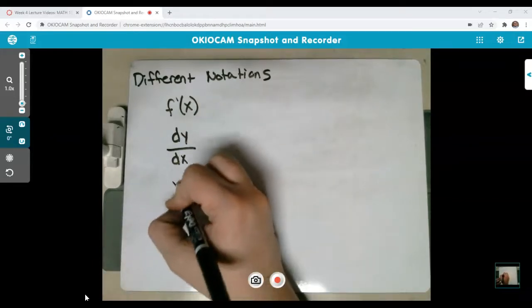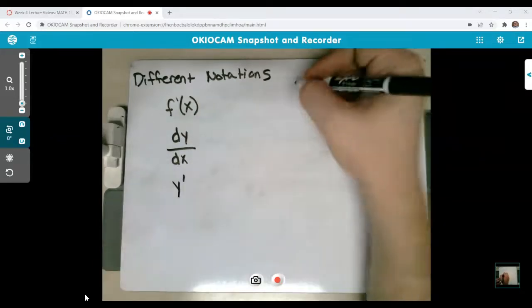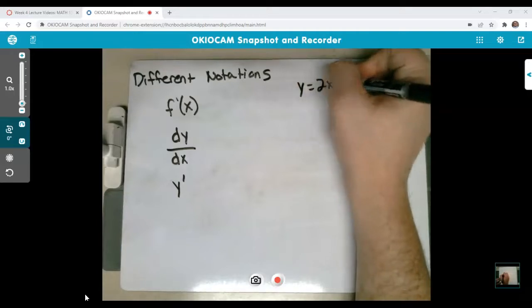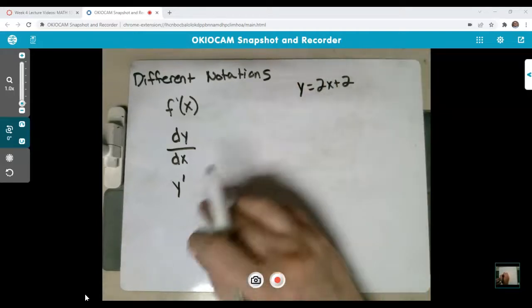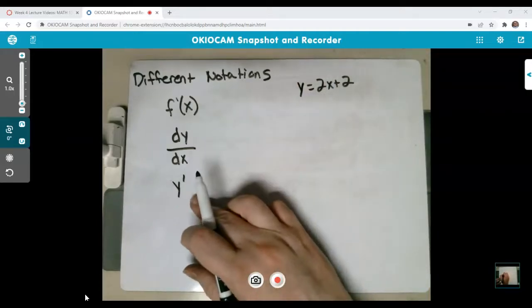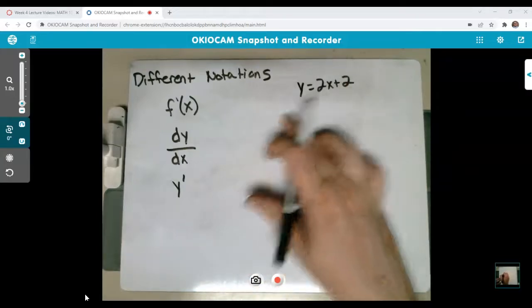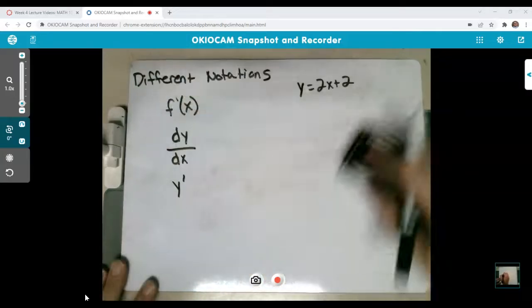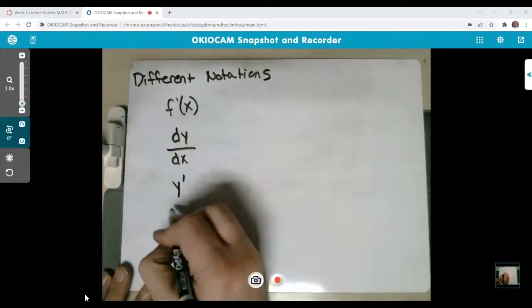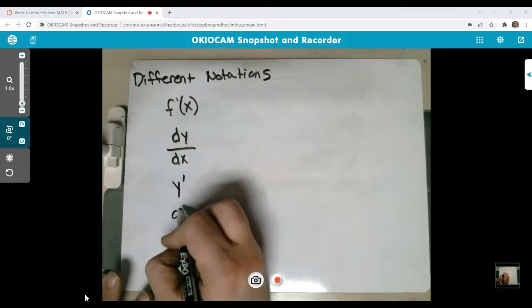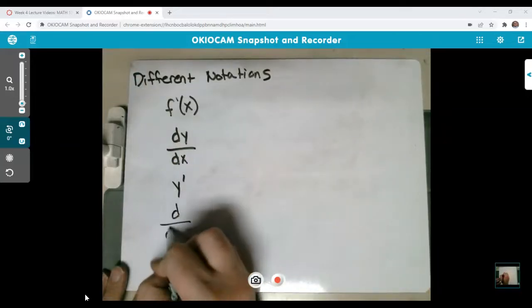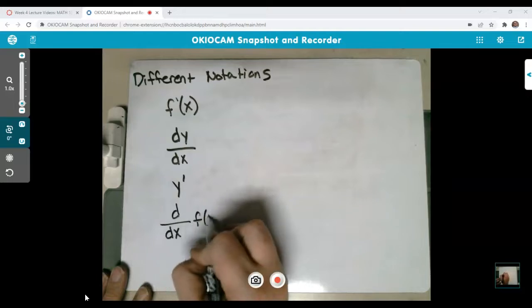Sometimes you'll see it written as y prime. So like if I have y equals 2x plus 2 or that kind of thing, if I ask for y prime, that means it's the derivative. So I would do the same thing. And then another way you might see it is as d over dx of f of x.